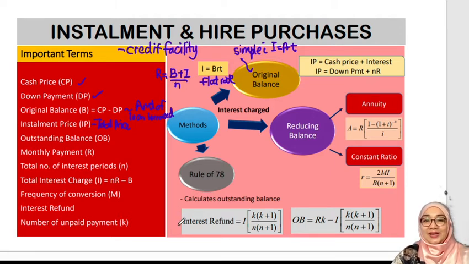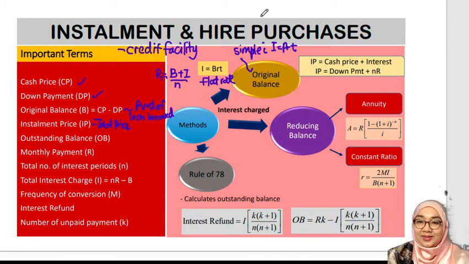Alright, we will see how interest charge based on reducing balance is calculated. There are two methods here. It is divided into two: one is annuity, one is constant ratio. Constant ratio ni pun commonly used in Malaysia. Okay, some of the financial institutions dia apply the method of constant ratio.